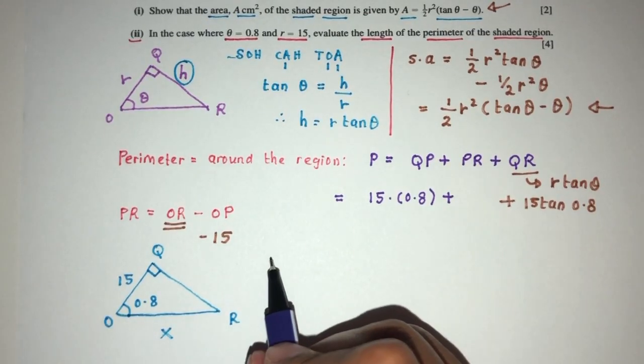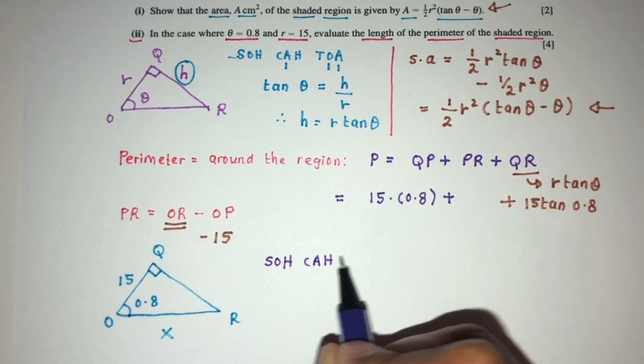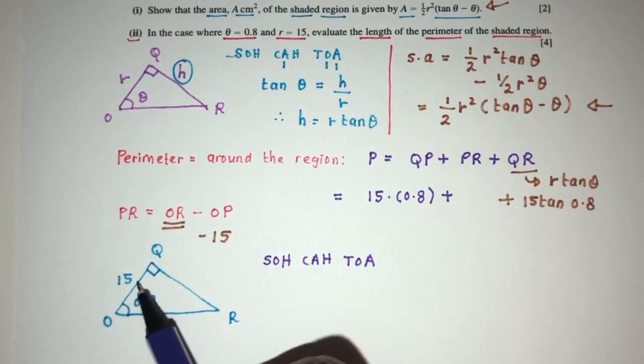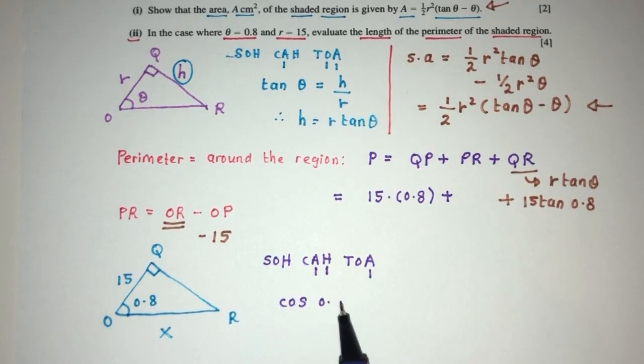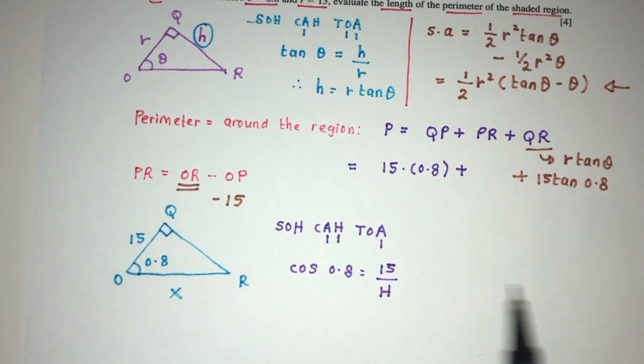We're trying to find x in this case. Now, I will try to use SOHCAHTOA, but of course you can use the Pythagoras theorem in this question for this part. Now, we have this A side, and I'm trying to find the hypotenuse, which is the H side. That will be cos of the angle. That will be A side first, 15, over the H side, which is this hypotenuse.